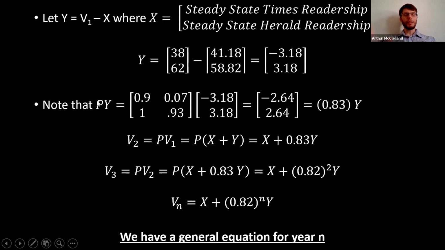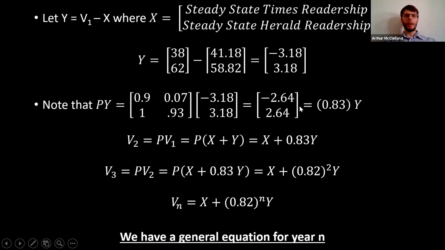And now here's the interesting and very key part of the math. So we have our transition matrix P, and we multiply it by y. And what we get is this value negative 2.64 and positive 2.64.